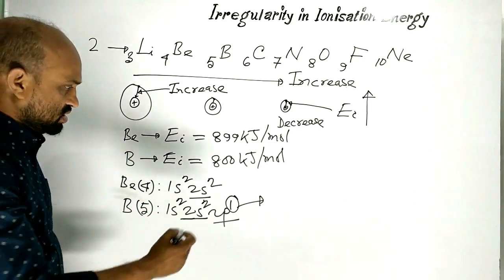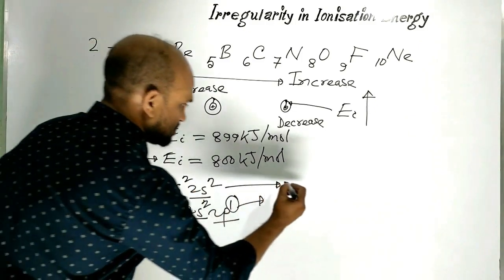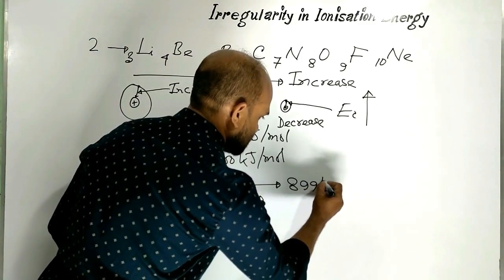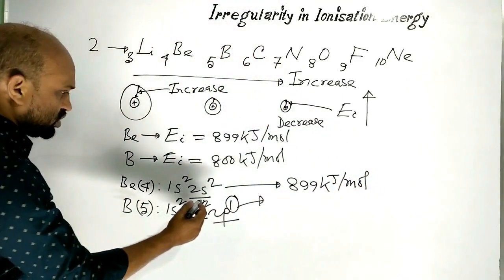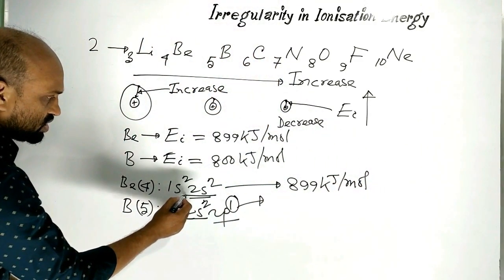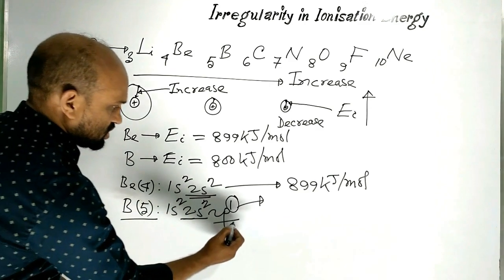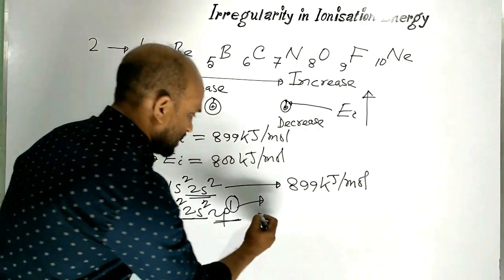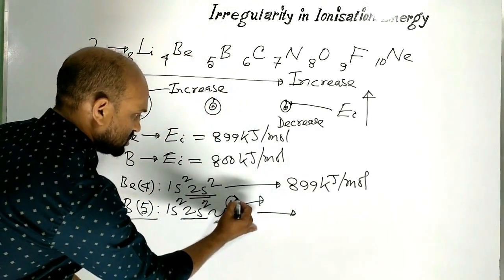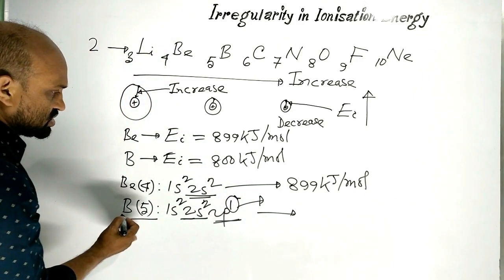That is why ionization energy of beryllium is higher, 899 kilojoule per mole, because this is stable electronic configuration. But for boron, this electronic configuration is unstable, and after removing this electron, electronic configuration of boron becomes stable.